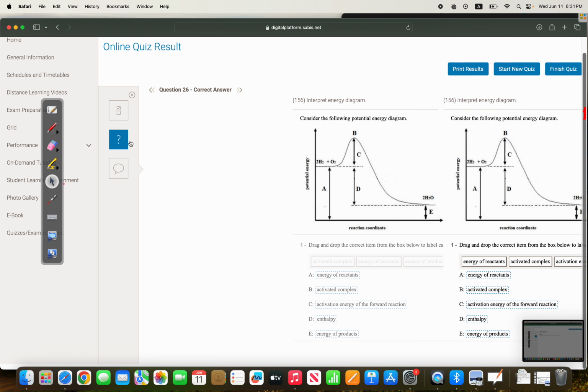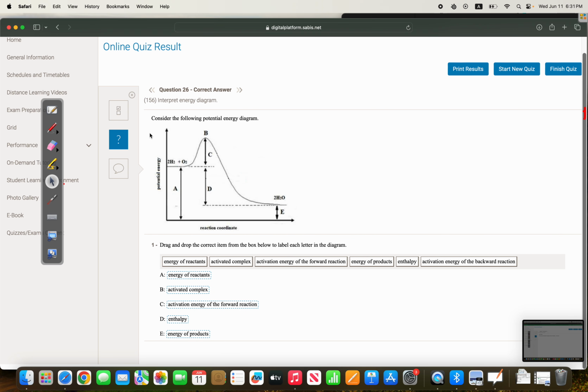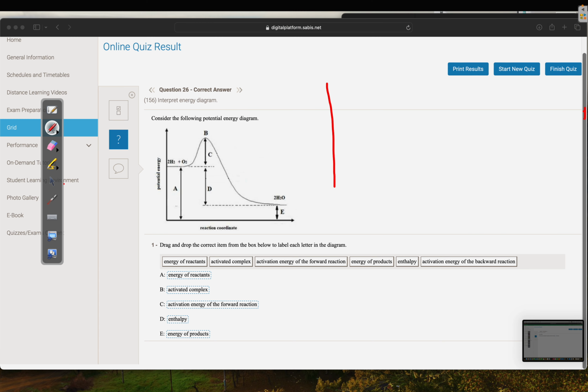Number 26. Consider the following potential energy diagram. Let me just redraw the graph again.